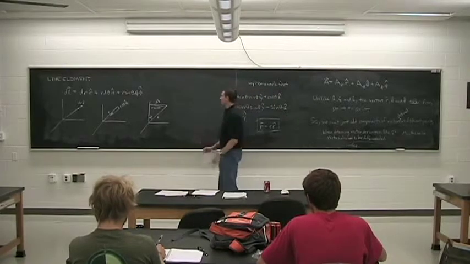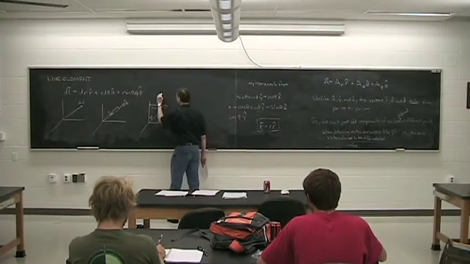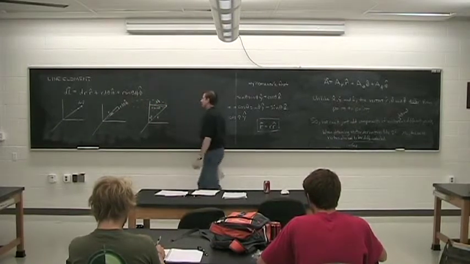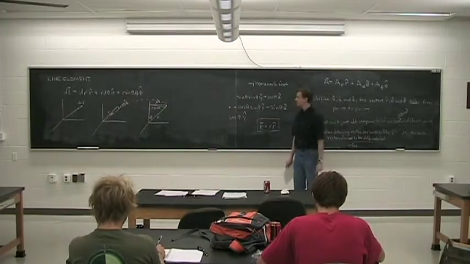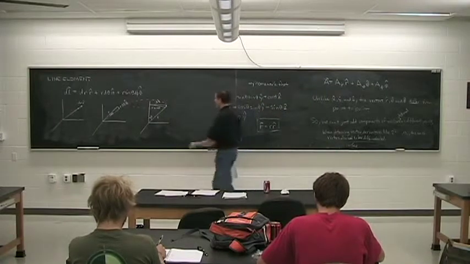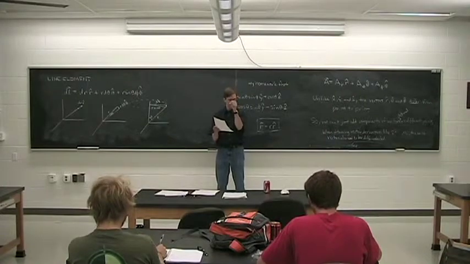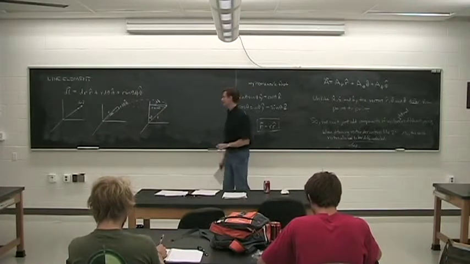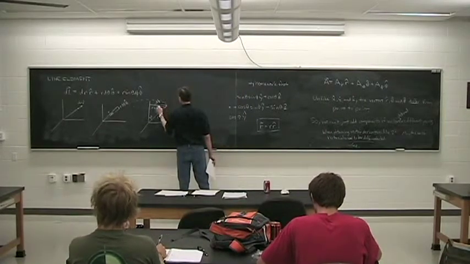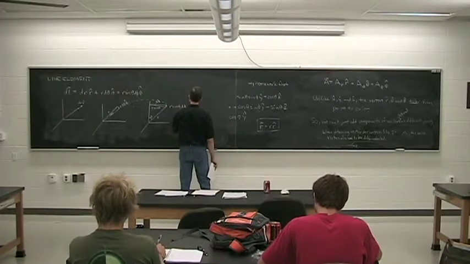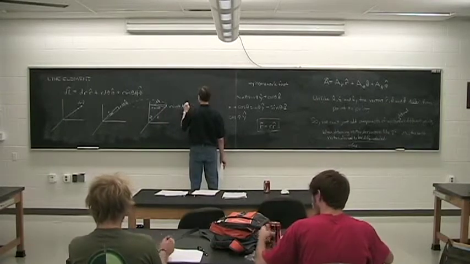So I'll be moving on a little arc of a circle of radius r sine theta through an angle d phi. And in the limit as d phi goes to 0, that little arc of a circle is the little straight line displacement that I've made. So I'm moving a distance r sine theta for the radius times d phi for the angle times phi hat.